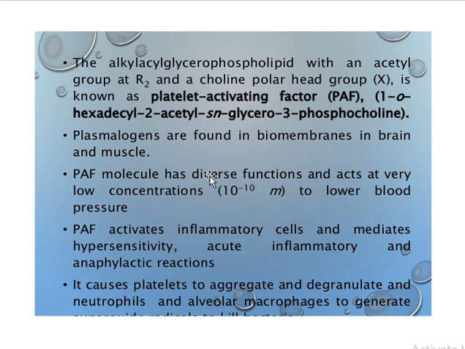Then the platelet activating factor is also synthesized from the 1-alkyl 2-acyl glycerol. For the synthesis of platelet activating factor, first of all the alkyl acyl glycerol reacts with CDP choline to form the alkyl acyl glycerol 3-phosphocholine.